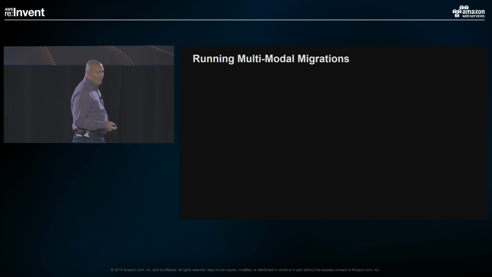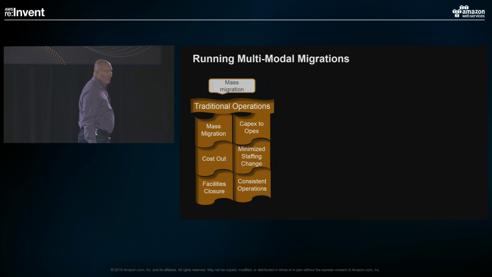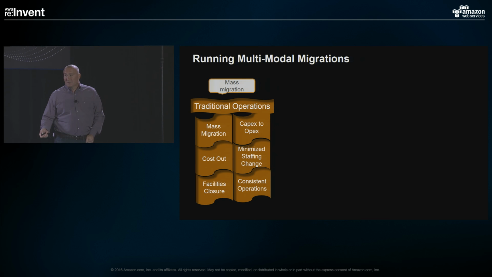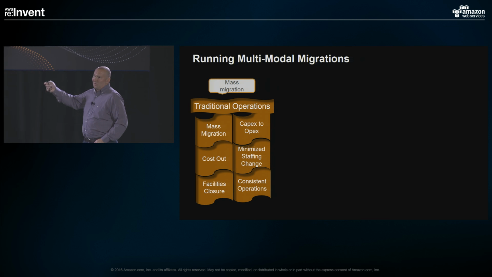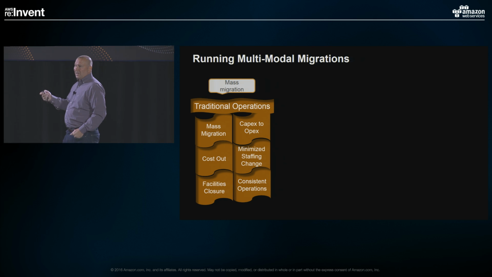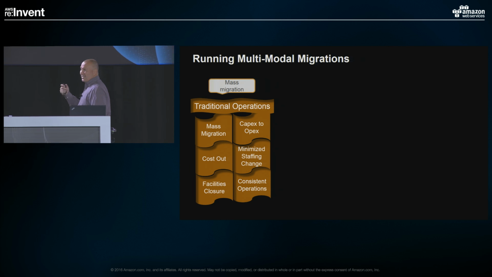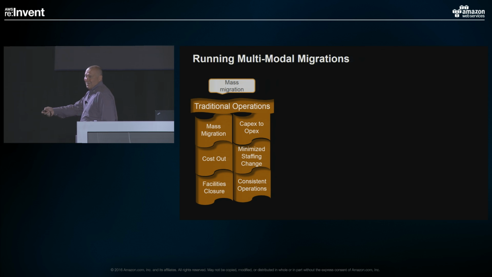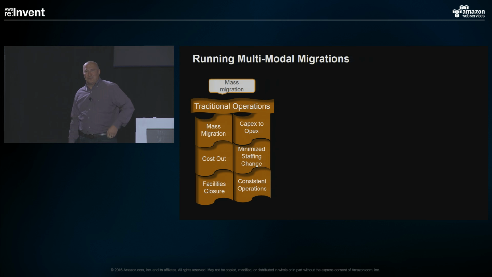So how do we actually run these, right? It's important to think about the fact that when I'm doing mass migration, I'm going to have certain outcomes, and those outcomes can't be skewed with the types of outcomes I'm going to have when I'm doing something more advanced. So mass migration, some folks might say I hate it. Some folks might say we love it. I've heard a million different opinions on it.